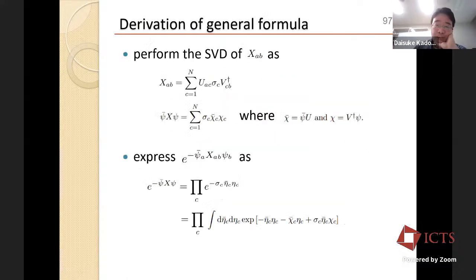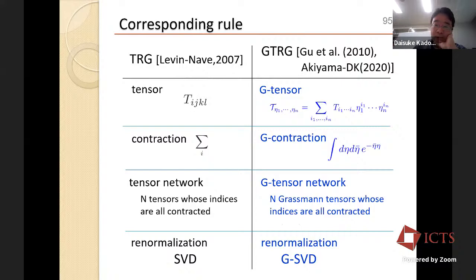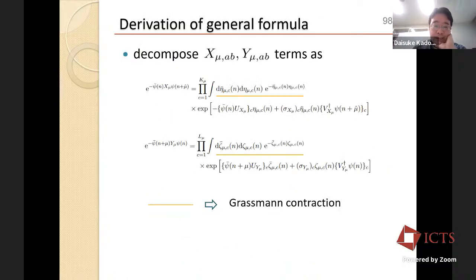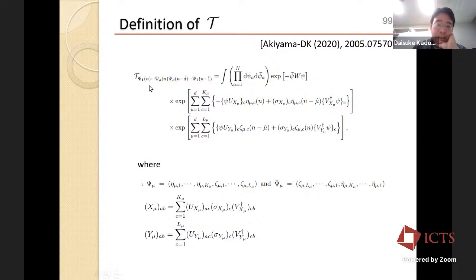So this n is not the number of links. Actually, it's the number of links times the number of internal degrees of freedom for each link.